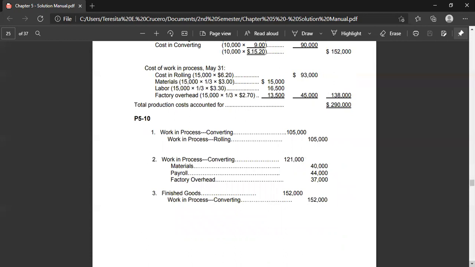So we now debit to work in process, converting, and credit that of rolling given 105,000. Debit to work in process for converting, we again debit to material credit to materials, payroll, and factory overhead. And finished goods credit to work in process.